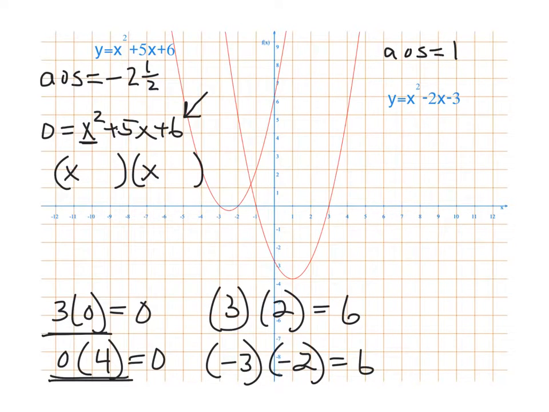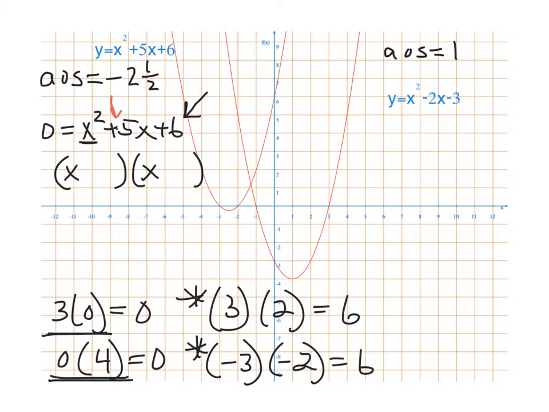So we have both instances that are going to give us a positive 6. We have to use something else to recognize which one of these is going to be the one that we use for our problem. So that's where the center term comes into play, and its sign.